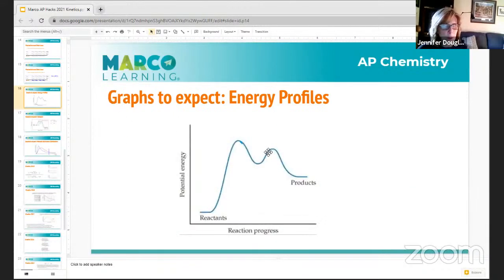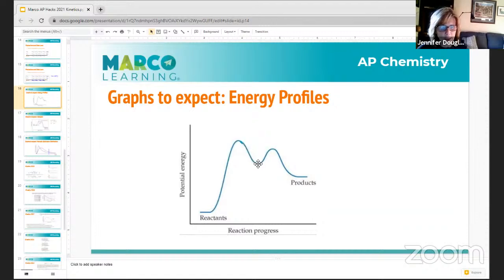So this would be a graph that could potentially match that one, because it's got a high activation energy for the first step, and the activation energy for the second one is just little. Remember, the activation energy is the reactants all the way up to the top of this line up here, to where the activated complex is what it's called, or transition state is, where the bonds are breaking and new bonds are forming. That's right at the top of this hill.